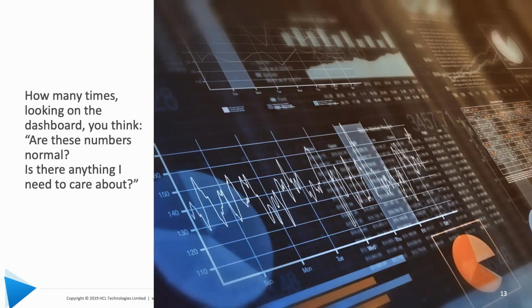So it is very common that you have a dashboard with the numbers of the workload execution. So how many jobs are in ready status, how many jobs are executing, how many jobs are in error, and so on. And you wonder if these numbers are normal or if you should be worried about anything.